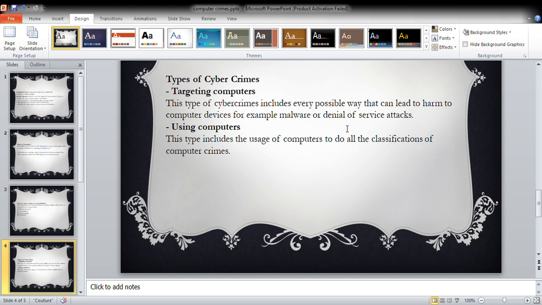The second type of crime is the ones that are using computers. This type includes the usage of computers to do all the classifications of computer crimes. We are going to look at that classification in our next slide.